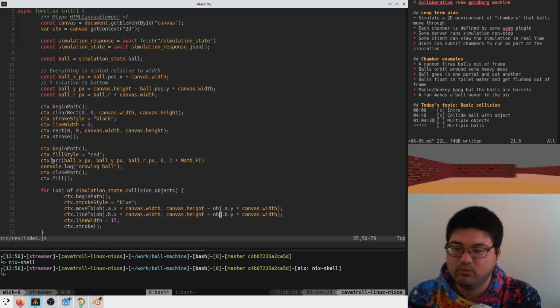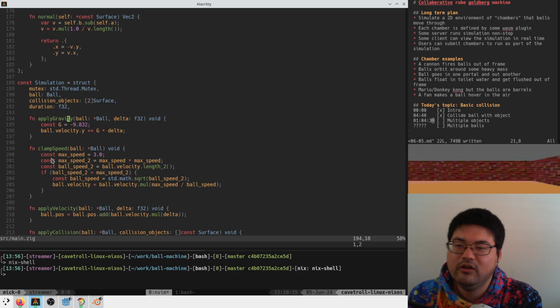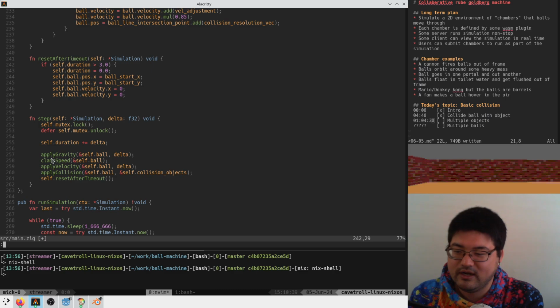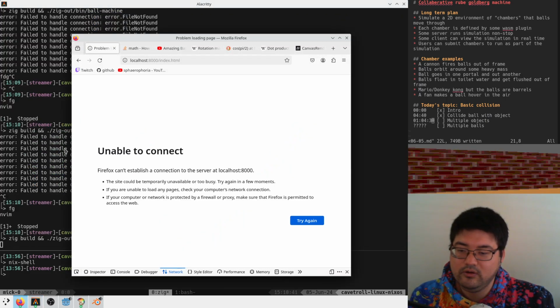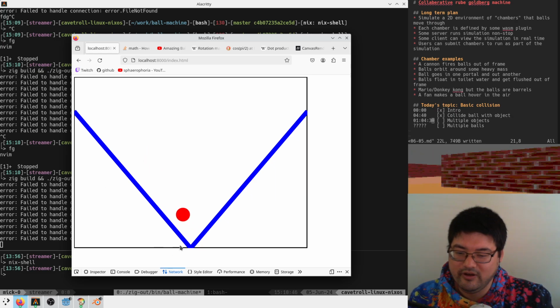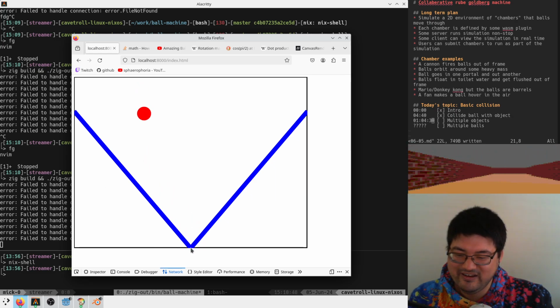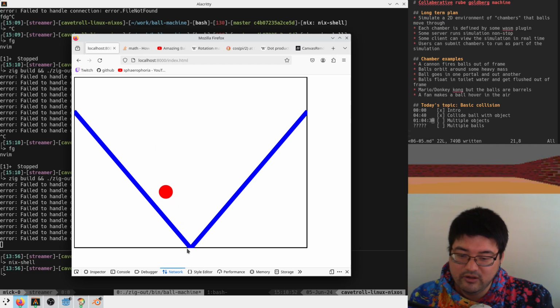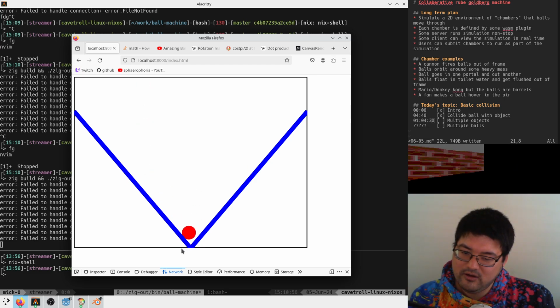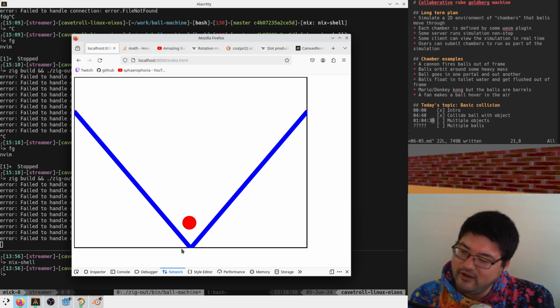Okay, and then let's let the simulation run for a little longer. So here we had our reset after 1 second. Let's reset it after 3. Oh, yeah, nice. So here, it's falling through the middle because I actually don't know why.